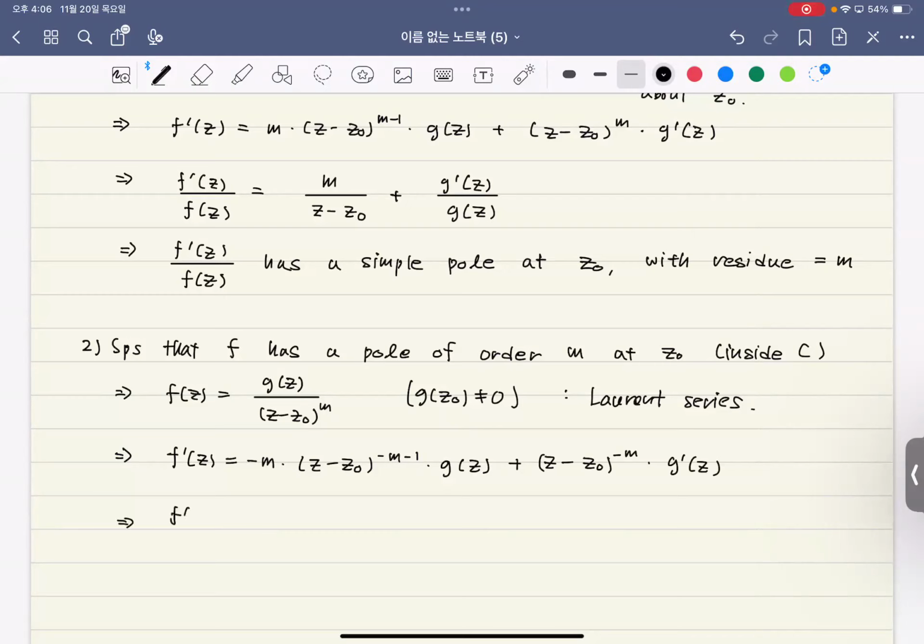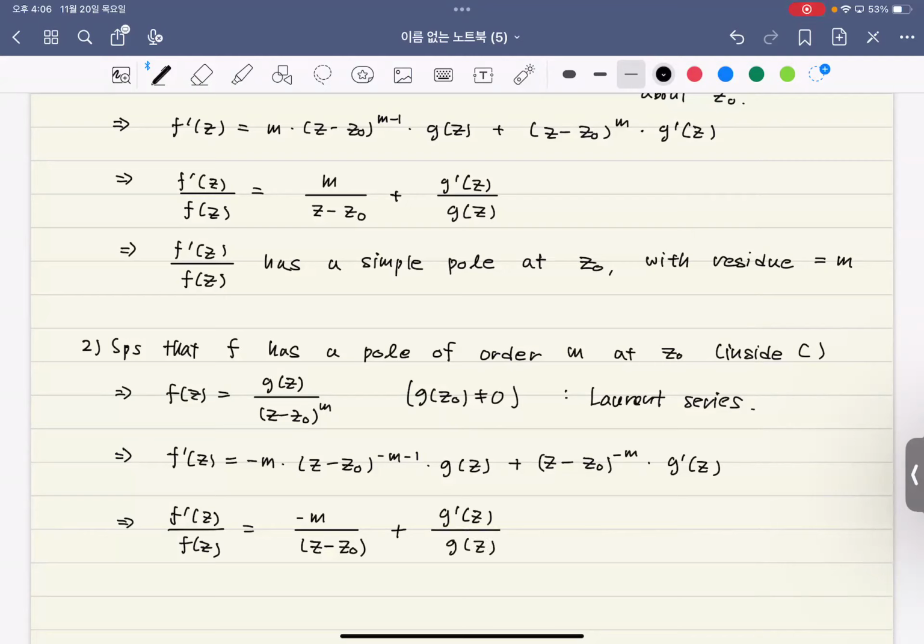So f prime of z over f of z is going to be what? This is minus m over (z minus z0), plus the same thing, g prime of z over g.